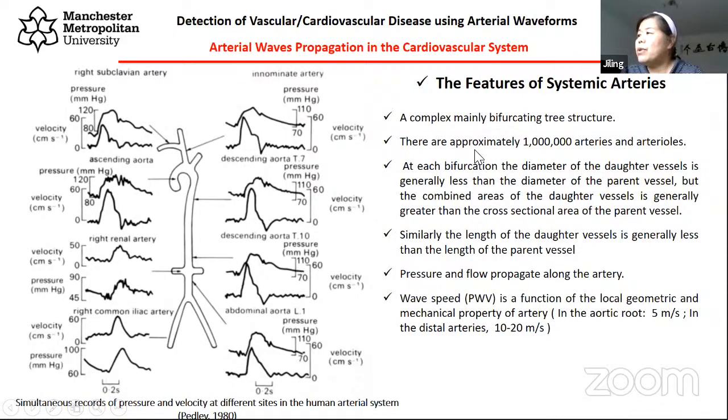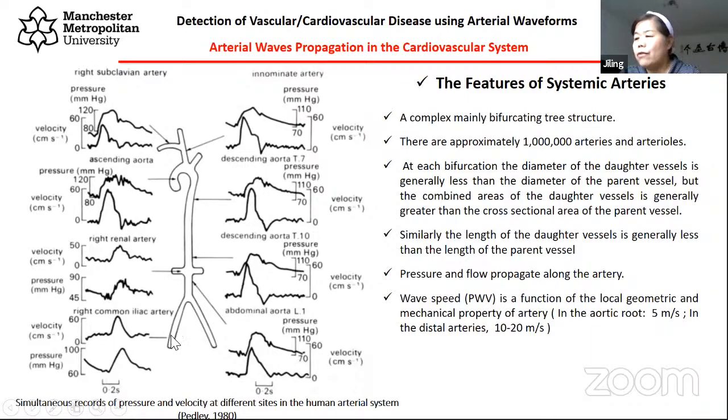There are approximately 1 million arterials and arterioles. For every bifurcation, the diameter of the daughter vessels is gradually less than the diameter of the parent vessel, but the combined area of the daughter vessels is gradually greater than the cross-sectional area of the parent vessel.